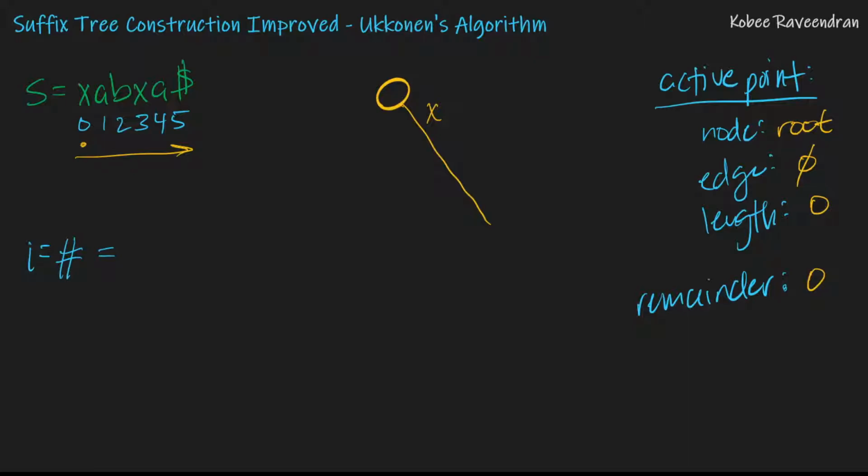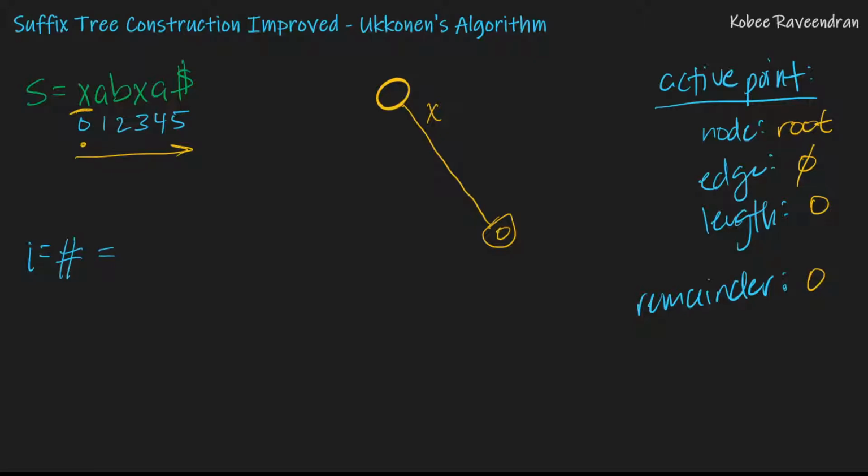Again, I'm listing the substrings here as actual strings, but keep in mind we're still using that compact start and end index representation from before, which allows us to implicitly update all of our leaf edges in one go. So I've added this x, which means I've successfully added this suffix as it is right now, from our start index to our current iteration. Because I did that, I can say I've resolved this suffix, and I'll mark in its leaf node that this is the suffix starting from index 0.